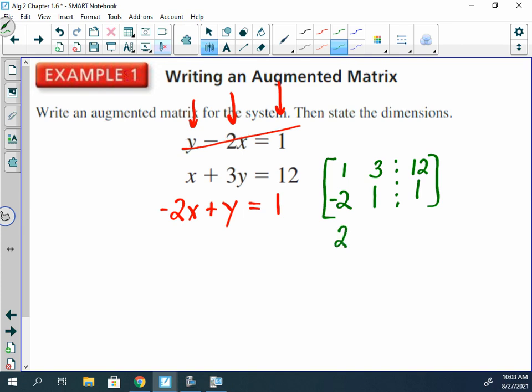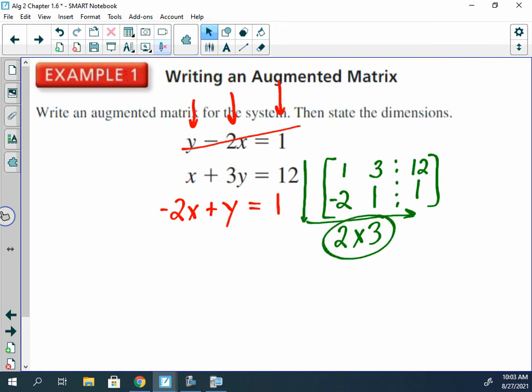Almost. Because we're going to go rows by columns. Down, over. Rows by columns. So the dimensions are 2 by 3. That's it. That's all we're doing with this. Write an augmented matrix, state the dimensions, done.